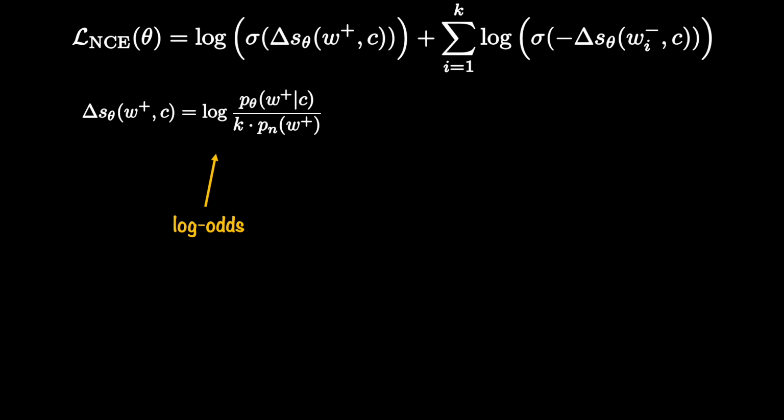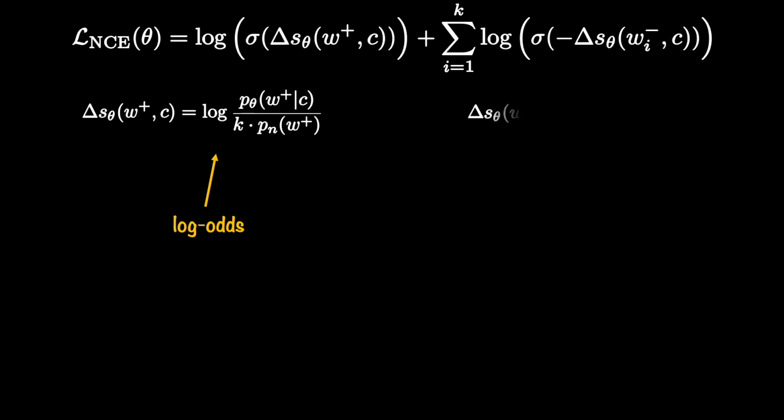For us, there is one difference from the traditional log odds ratio, because we are considering that the samples from the noise distribution are k times more likely, and hence it has an influence on how we have written our log odds ratio. Notice in the denominator there is k times the distribution.